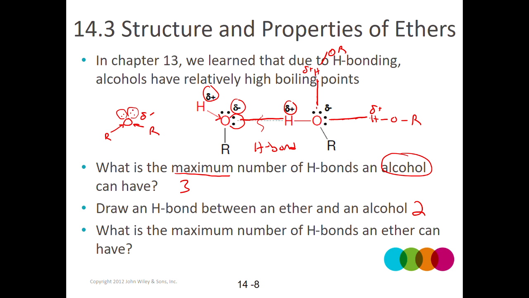So with no hydrogen atoms with a very large partial positive to form attractions there, it can't hydrogen bond with another identical molecule of an ether. It could hydrogen bond with an alcohol. So we see ethers and alcohols are often readily soluble because they can make some nice hydrogen bonds to one another. Up to 2.